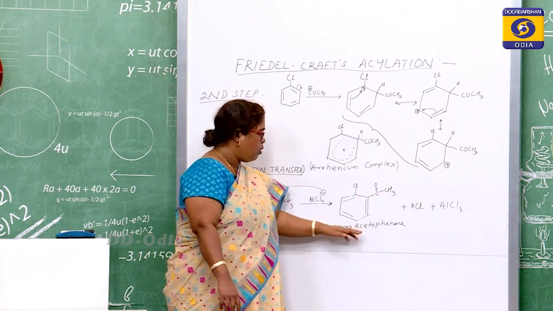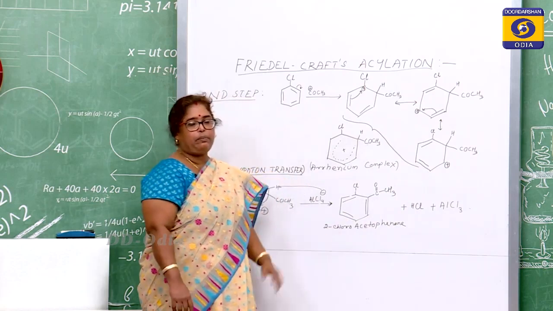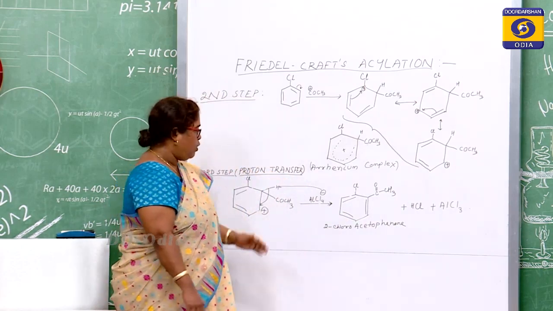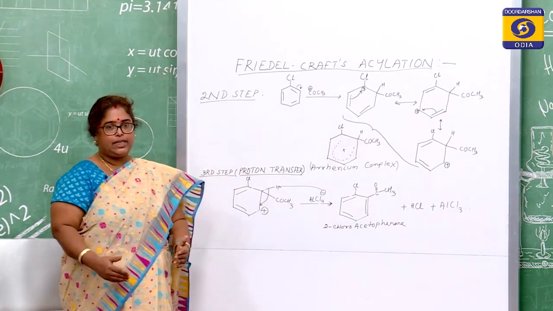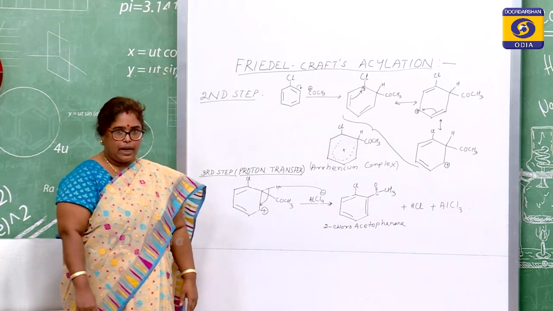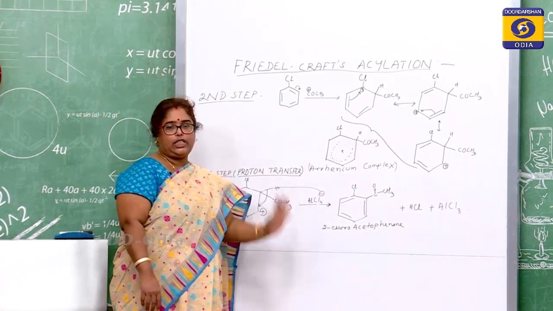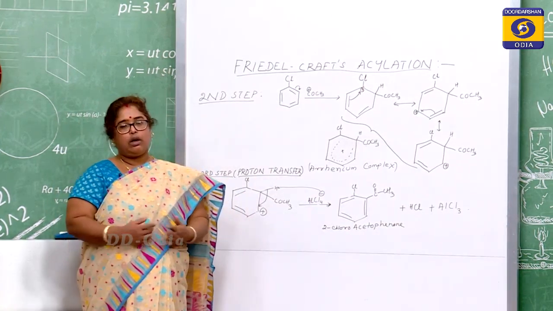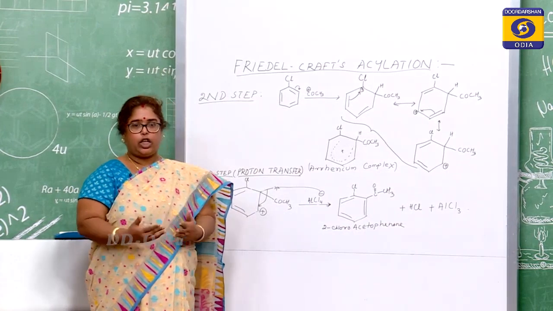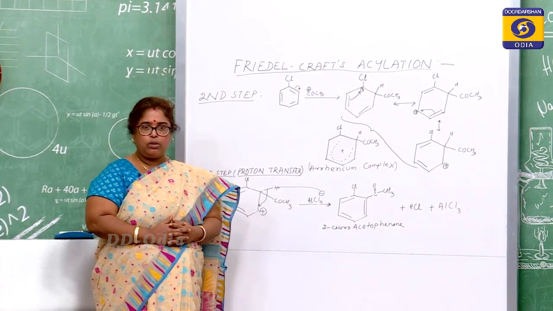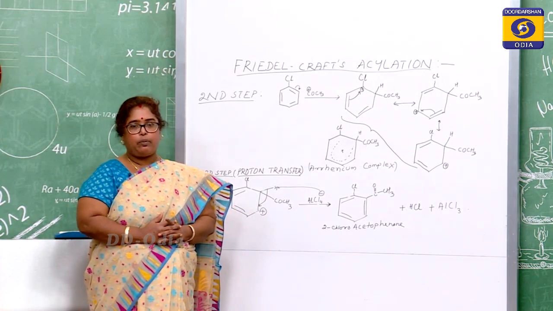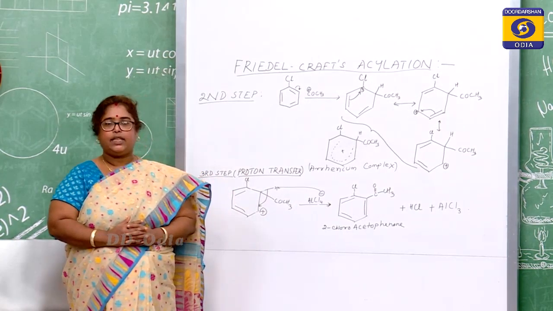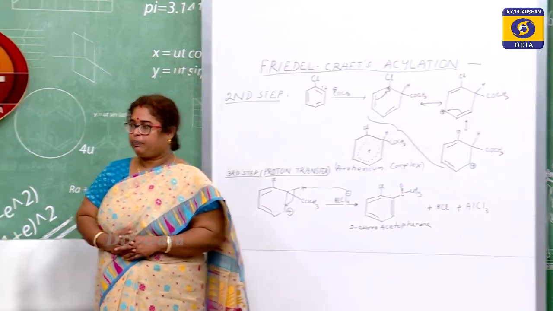So, 2-chloroacetophenone is one product, and similarly, as we know, the attack may take place at the 4th position or at the para position. So, 4-chloroacetophenone is the other product, and among these two, 2-chloroacetophenone is the minor product and 4-chloroacetophenone is the major product.